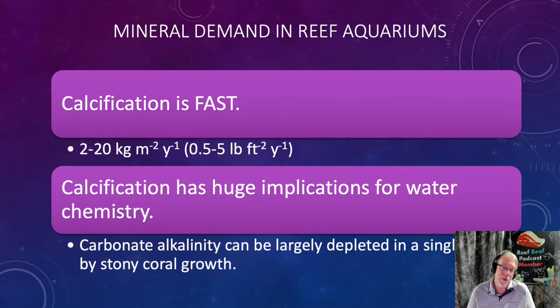That's a very popular way, everybody knows about PAR. So everybody should know about calcification units as well. 2 to 20 is the number that we usually have in reef tanks. So this has huge implications for water chemistry. And towards the upper end of that range, the carbonate alkalinity in a system can easily be largely depleted over the course of a single day by the growth of stony corals.